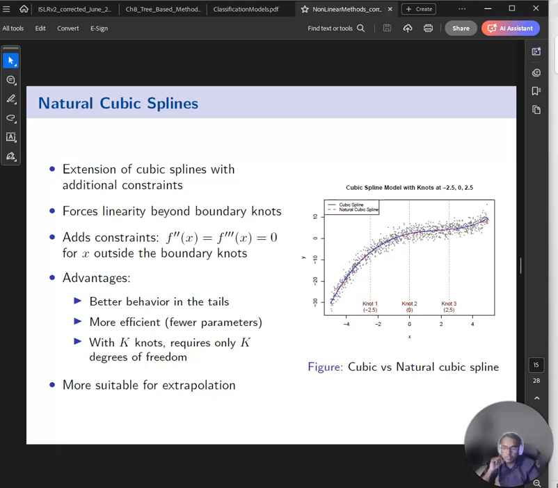This more conservative behavior at the boundary makes natural cubic splines particularly suitable for extrapolation. When we need to predict beyond our observed data range, that's where this feature comes in handy. But they are still flexible enough within the range of our observed data, making them an excellent choice for many modeling applications.